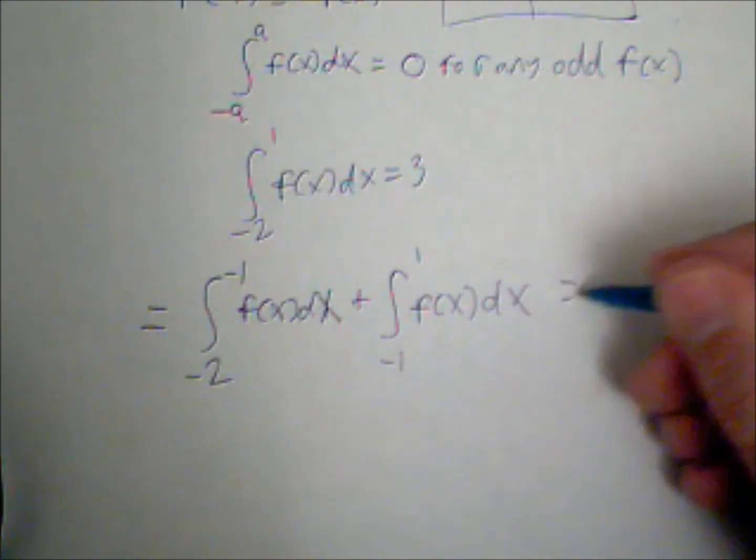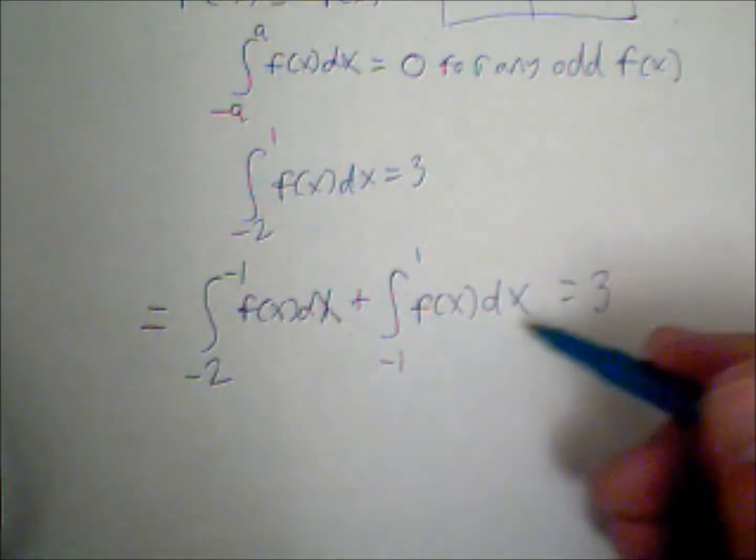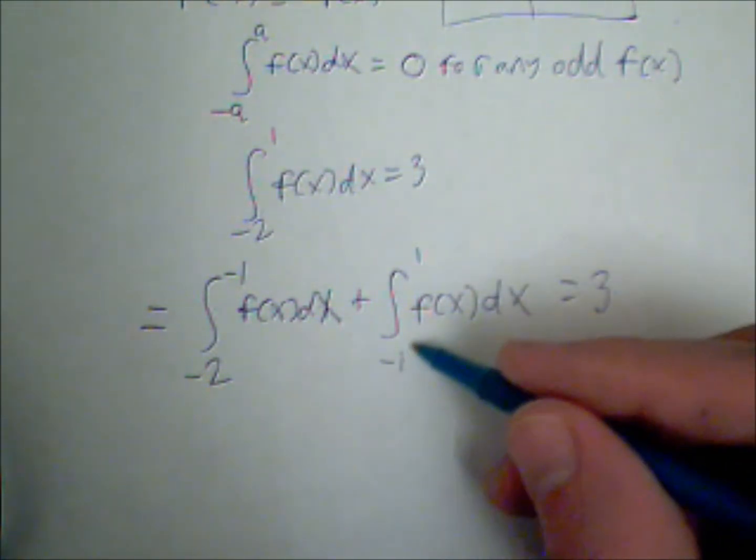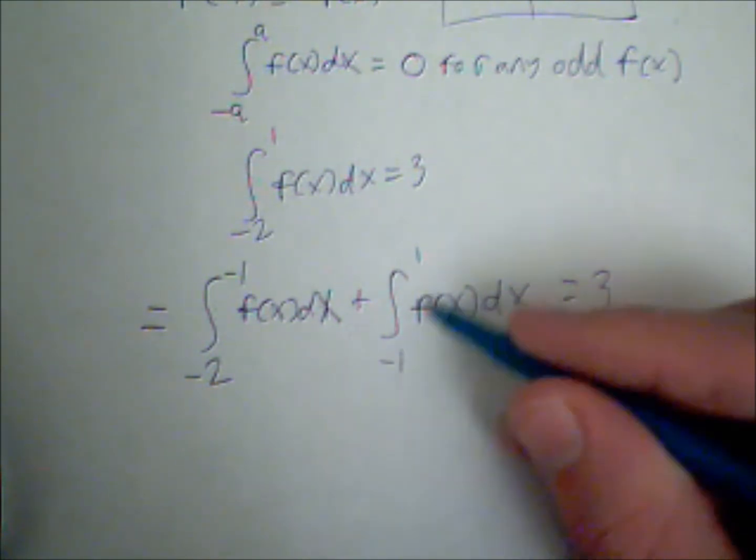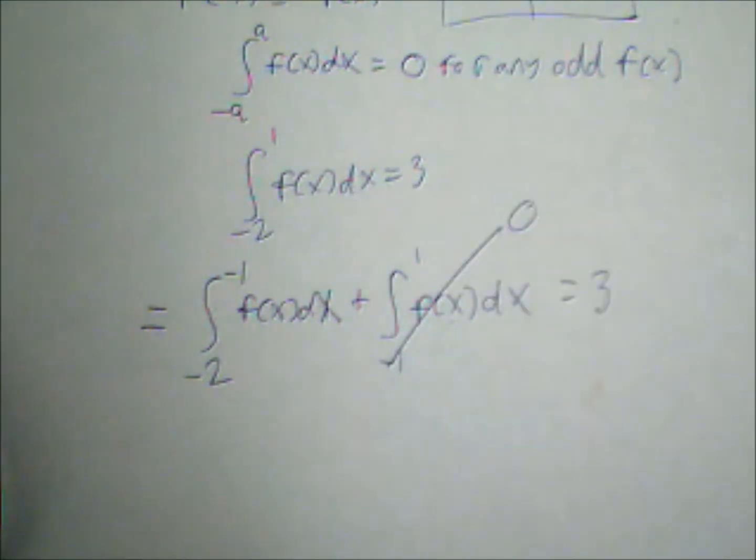So this guy must be equal to 3. But since f is an odd function, this integral from -1 to 1, that's 0. That's contributing nothing to this integral.